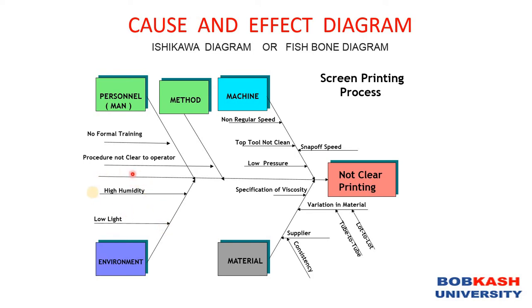There is a lot of moisture on the line, high humidity, because of which you are having non-clear printing and seeing this effect. So this way of categorization of the reasons or causes of the problem is called a cause and effect diagram, or Ishikawa diagram, or Fishbone diagram.